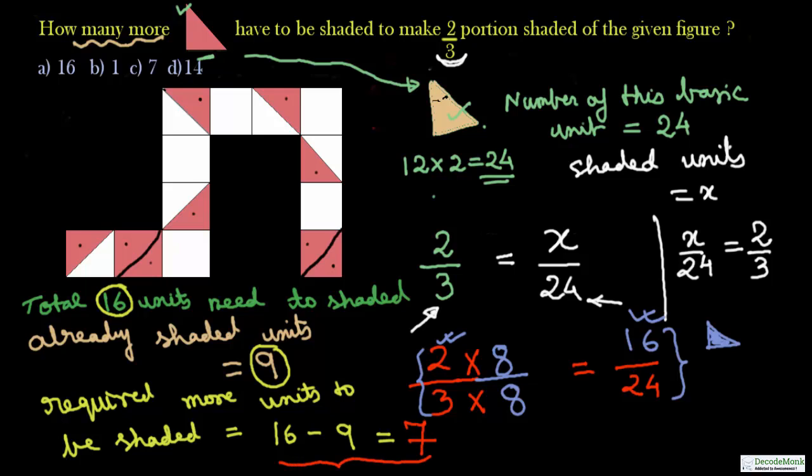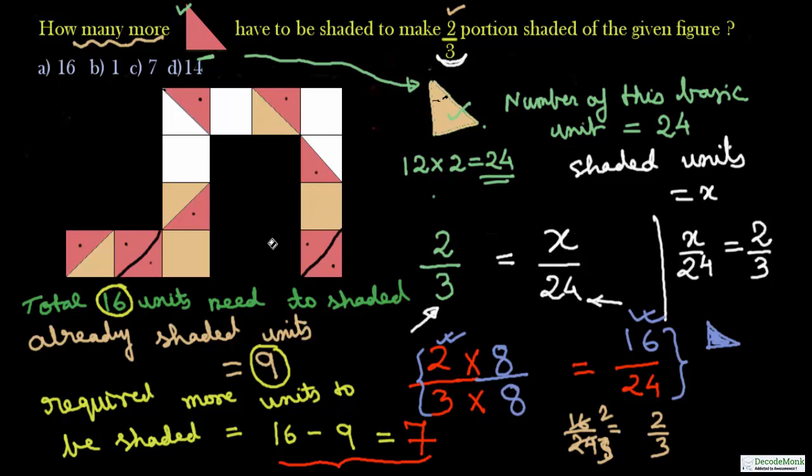So if you shade 7 more, then the total shaded units will be equal to 16, and the fraction for the total shaded portion will be 16 upon 24, which is ultimately equal to 2 by 3, which is the question. So you need to shade 7 more units. Let us shade 7 units more. This is 1, this is 2, 3, this is 4, this is 5, 6, and this is 7.